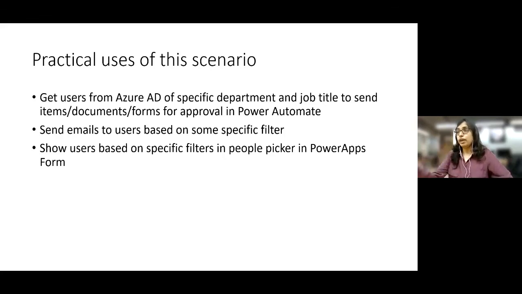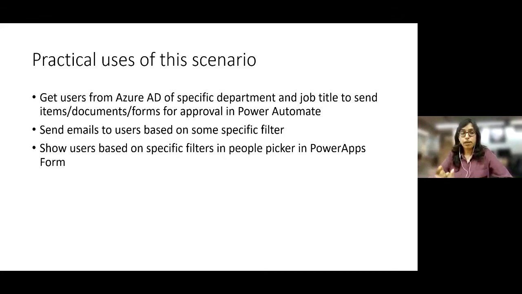Where you can use this type of data, like we got users from Azure Active Directory based on some filter. For example, if my approval in Power Automate requires users of a specific department to approve something, then I can use the example shown in the demo. If I want to send email to users of a specific department, I can get users of that department from AD and then send emails.